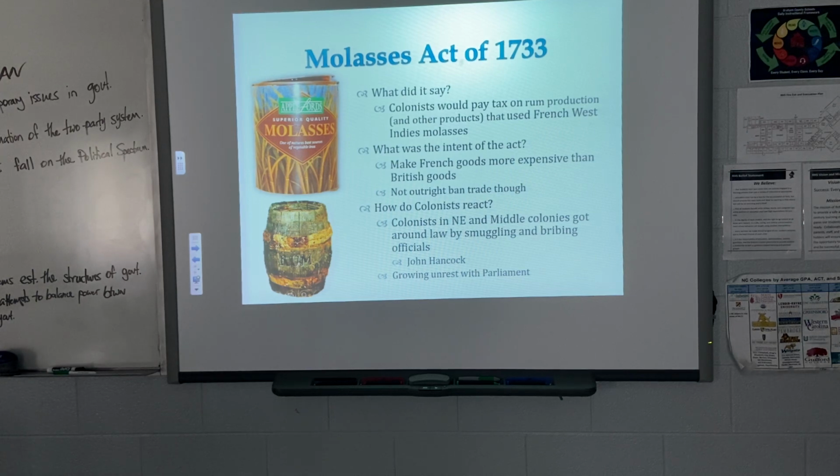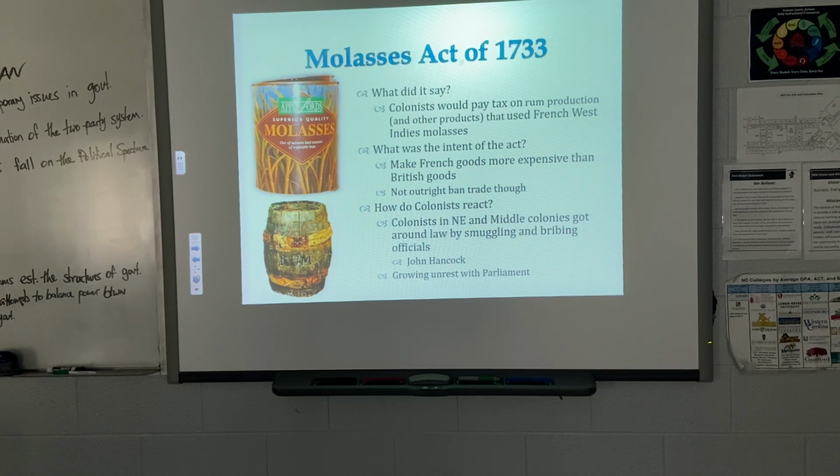The tax, there again, as it says here, is going to make the French good more expensive than the British good, and so it kind of forces us to buy the British good because, of course, it's cheaper. Colonists in New England and the middle colonies got around it, there again, by smuggling. This is a growing unrest with Parliament. All right, this Molasses Act of 1733 really is the foundation of the series of taxes that are to come 30 years later.